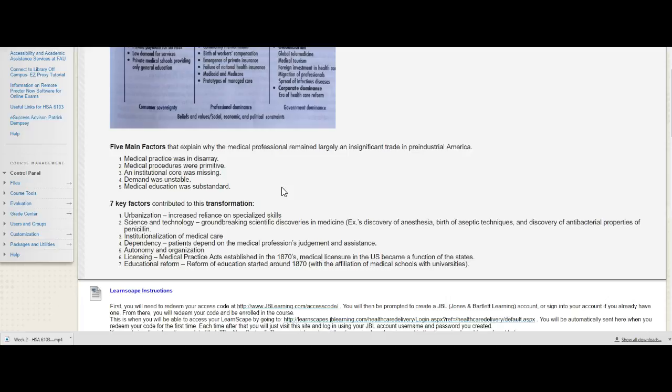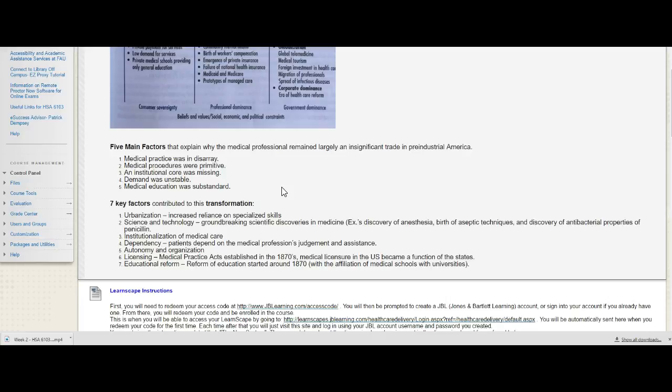So we have the discovery of anesthesia, the birth of aseptic techniques, as well as the discovery of antibacterial properties of penicillin from Dr. Fleming. And then there was also institutionalization of medical care, which was a very important factor in this transformational process.